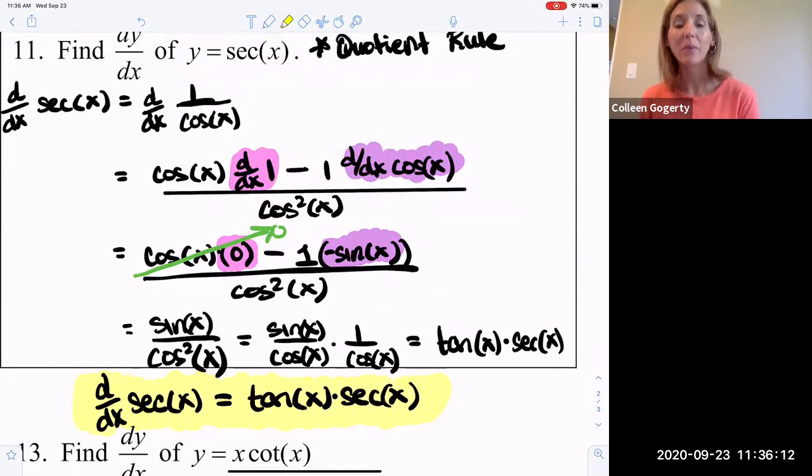And better yet, we derived it. We're using all of the skills that we have learned in this chapter so far: I need to know my trig identities, I need to know the quotient rule, I need to know how to take the derivative, whether it's a trig function or a constant.